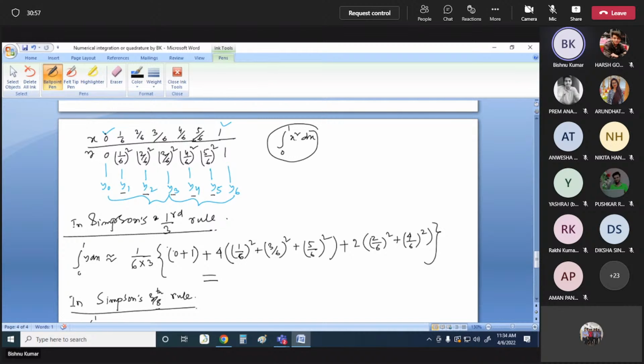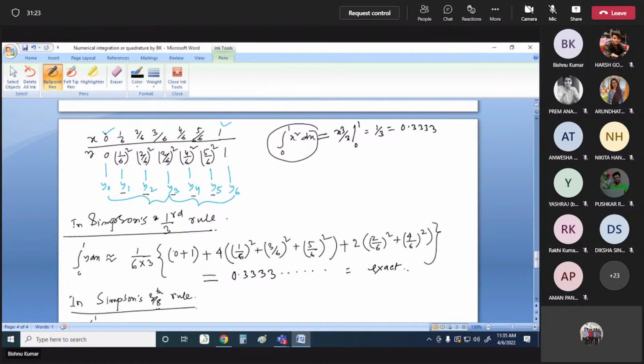And if you do this integration, x cube by 3 with the limits 0 to 1, it means 1 by 3, and 1 by 3 is also 0.333. So in this case you are getting the exact value.